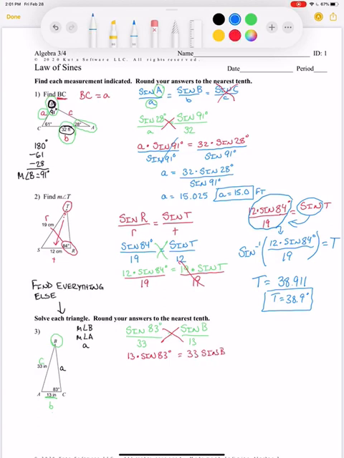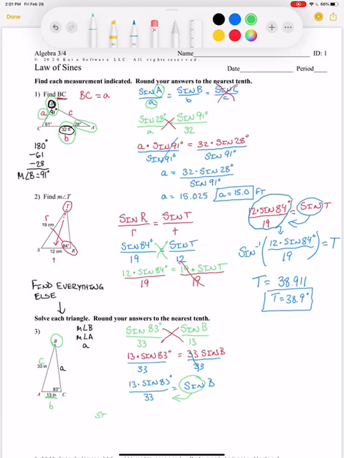To solve for B, I'm going to start by dividing both sides by 33. And I have 13 times the sine of 83 degrees divided by 33 equals the sine of B. Just like in the previous example, I need to get rid of this sine by taking the inverse.